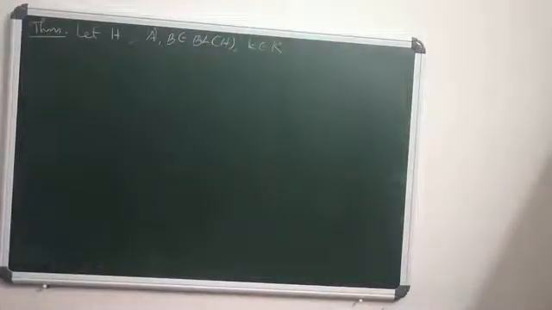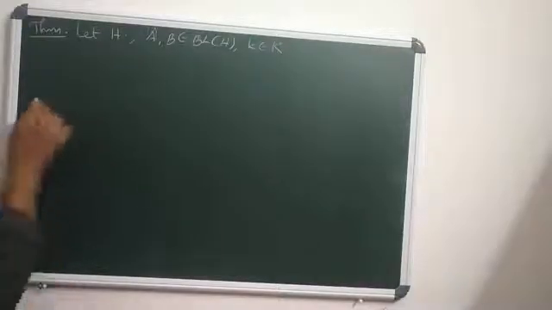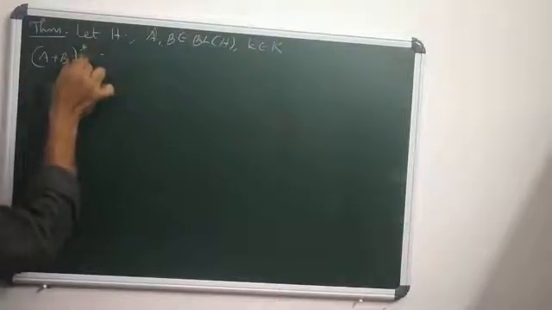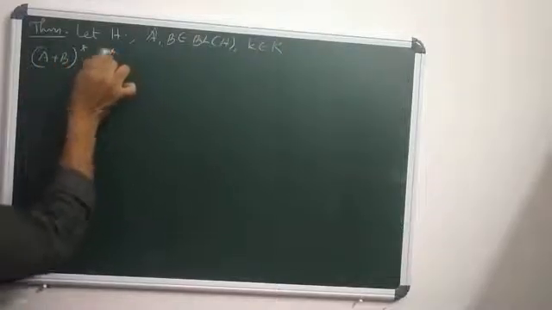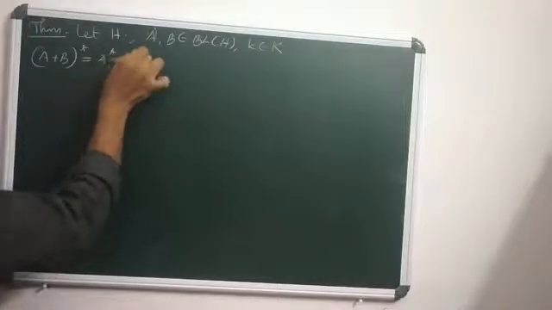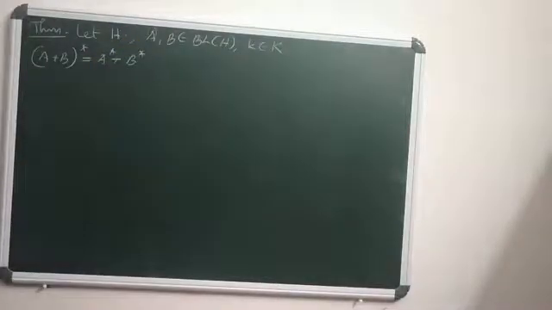Then first consider A plus B star. The adjoint of A plus B is adjoint A plus adjoint B. A plus B star equals A star plus B star.